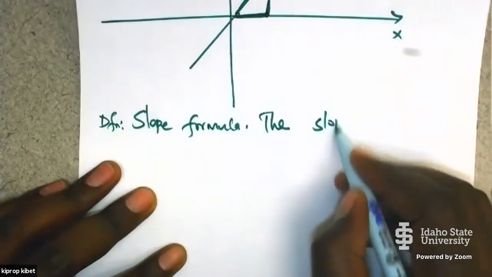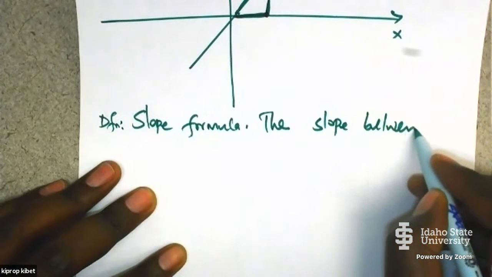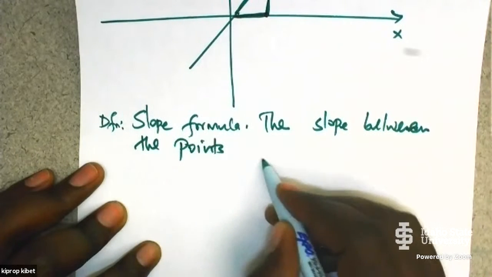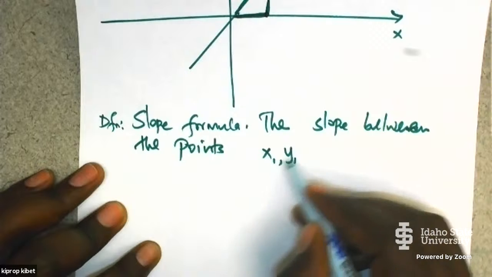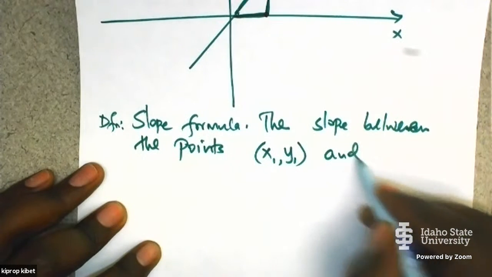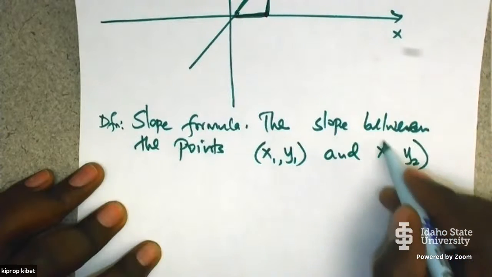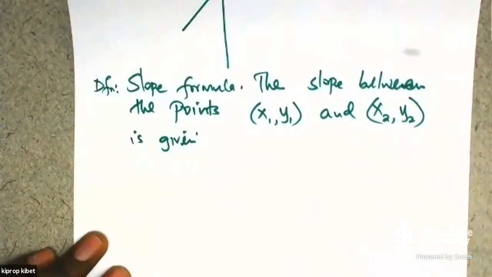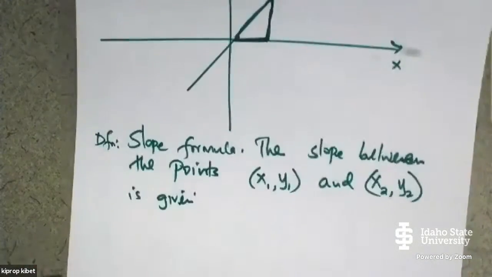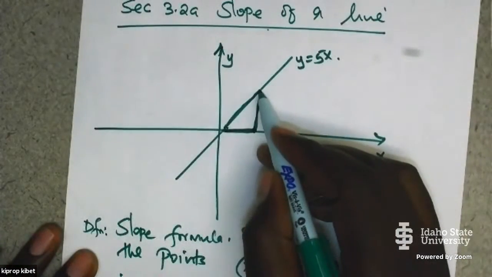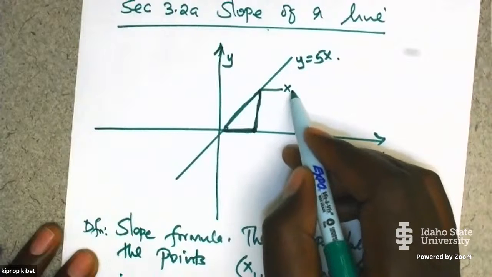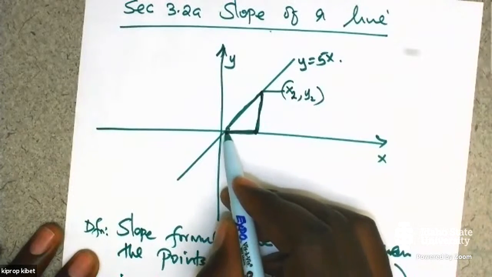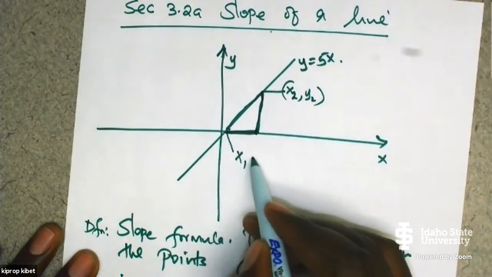The slope between the points x1, y1 and x2, y2 is given by, so we usually write the slope. If we have the 2 points here, we take this one as x2, y2, and then we take this as x1, y1.